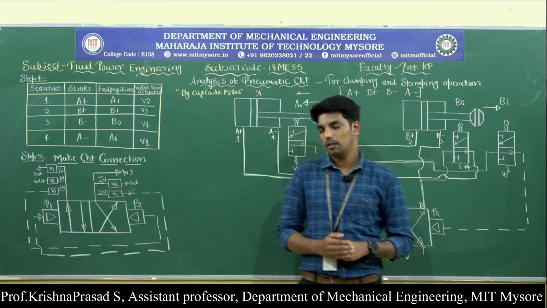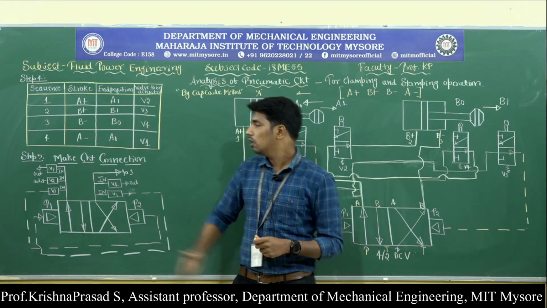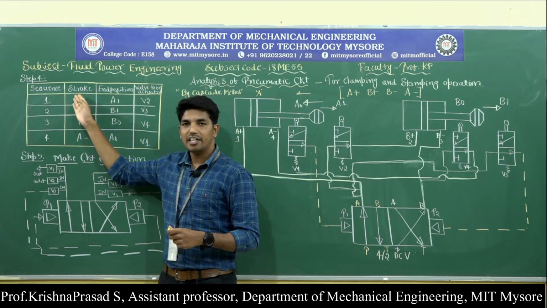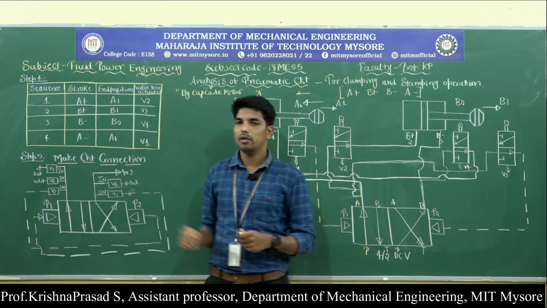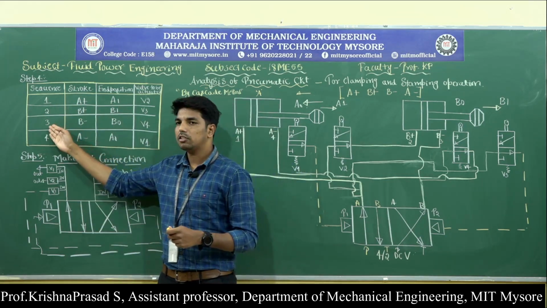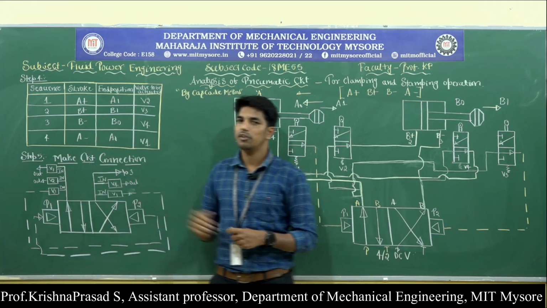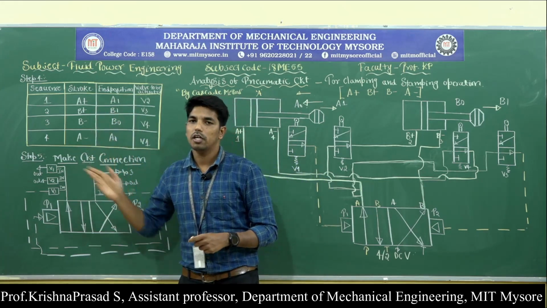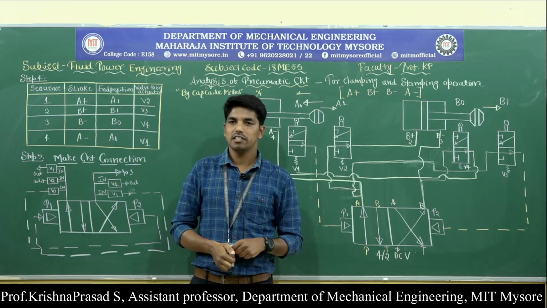In the procedure of the cascading method, we have come up with a table with four sequences. Sequence 1 is the extension of cylinder A, sequence 2 is the extension of cylinder B, sequence 3 is the retraction of cylinder B, and sequence 4 is the retraction of cylinder A. We have also allocated the valves required to actuate and the end position of the cylinders for each sequence.